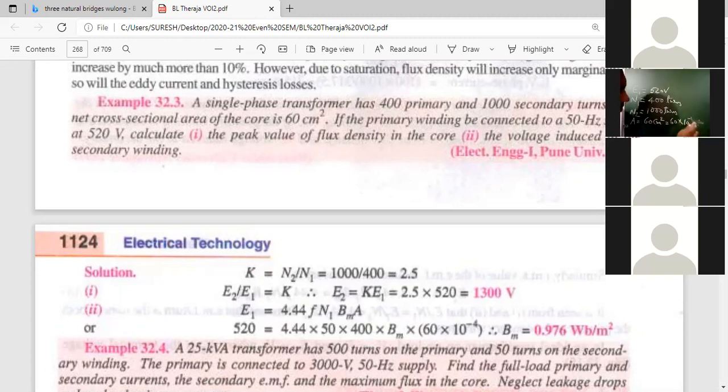So the area is 60 into 10 power minus 4 meter square.